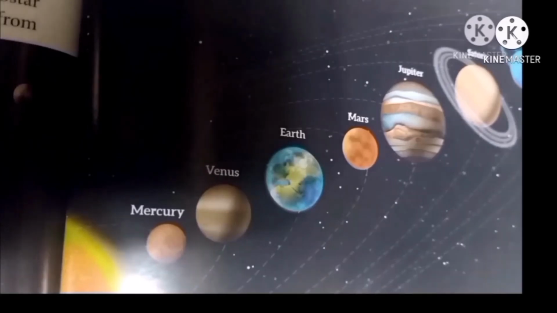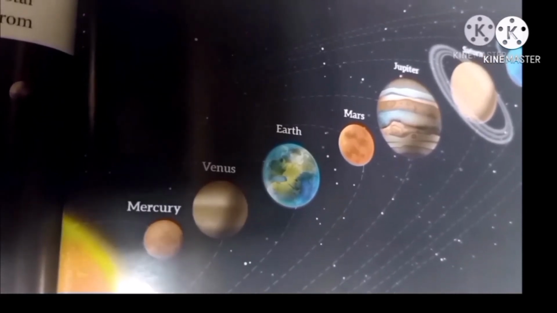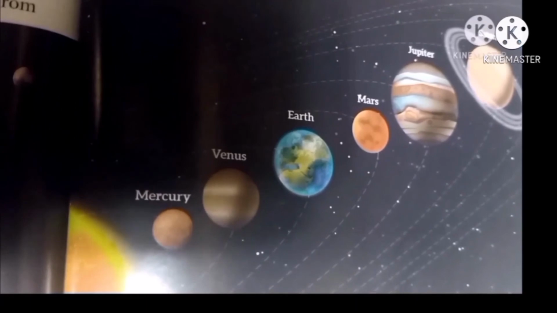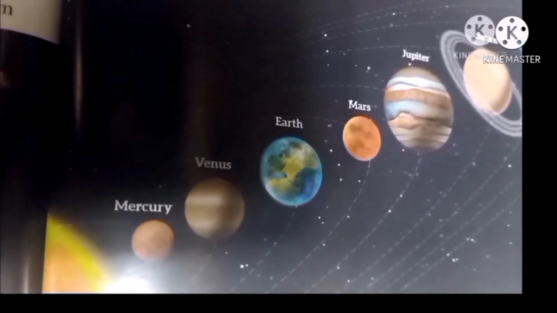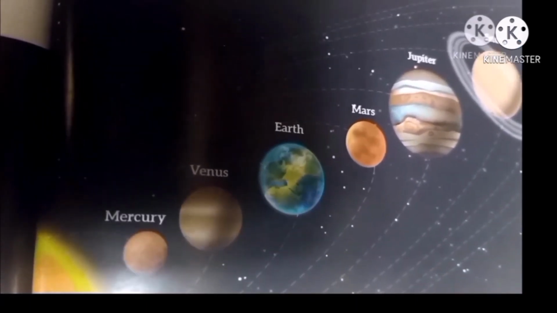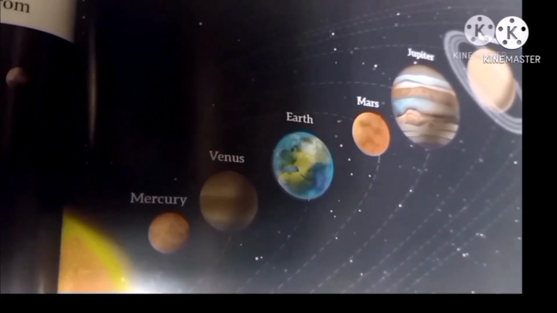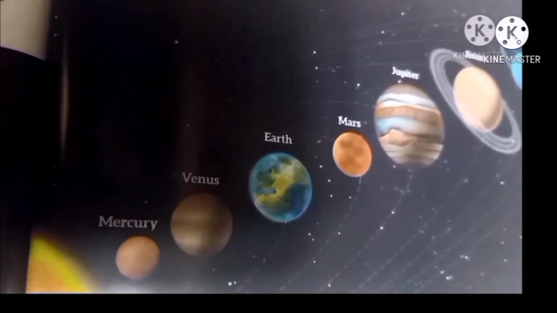Where are the planets in the solar system? From the Sun, the first planets, Mercury, Venus, Earth, Mars, are called inner planets because they are nearest to the Sun.